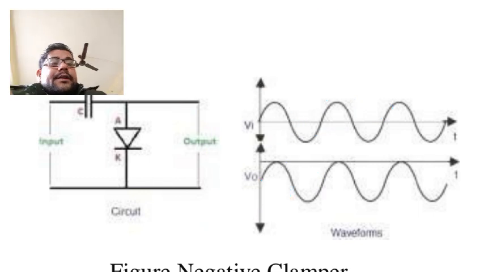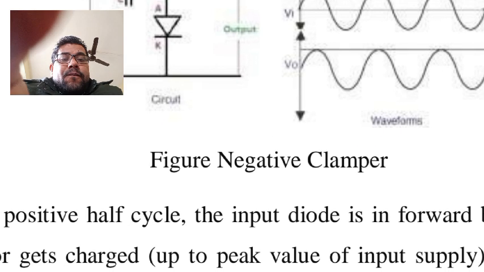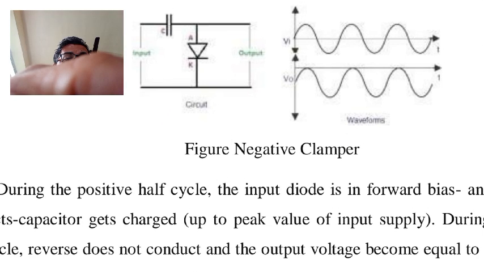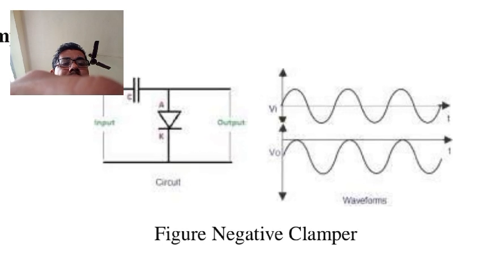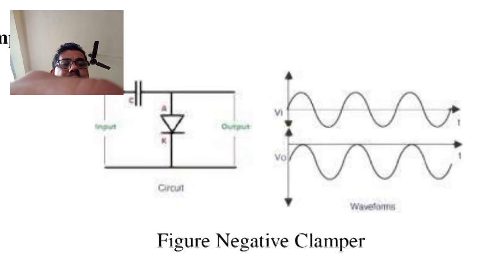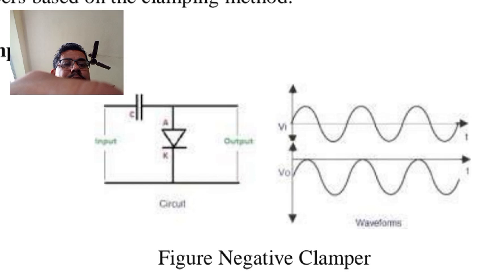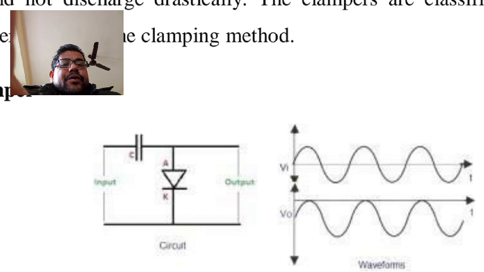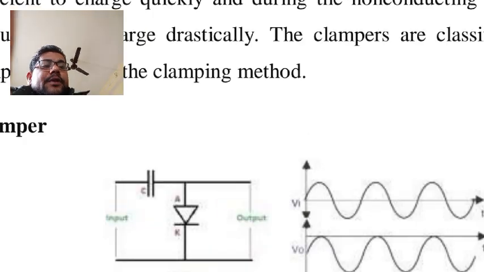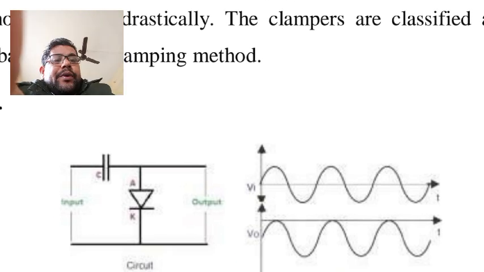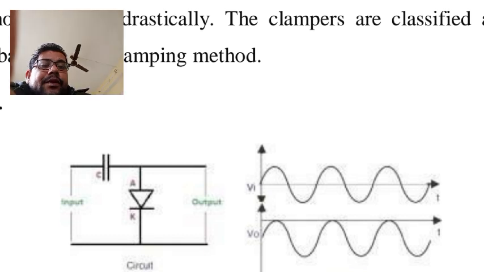So the output must be zero during the positive half cycle. When the input is Vi, at that time the output is zero. In the negative half cycle, it becomes two times, the output becomes two times.